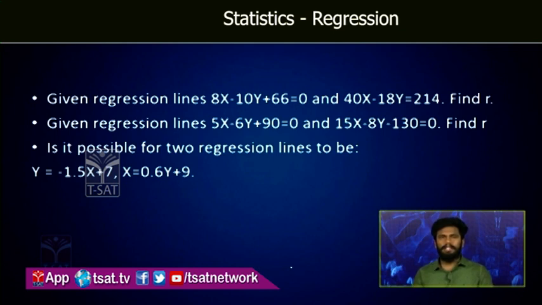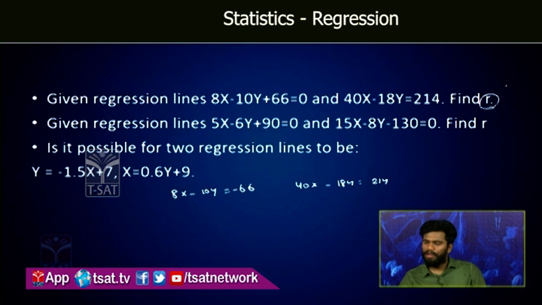The given two regression lines are 8x minus 10y plus 66 is equal to 0 and 40x minus 18y is equal to 214. We have to find r. So we have two regression lines and we have to find the value of r. First, in order to find it, we need to find b y on x and b x on y.